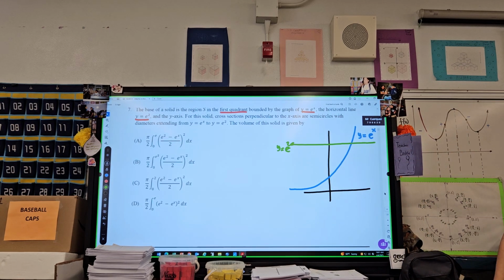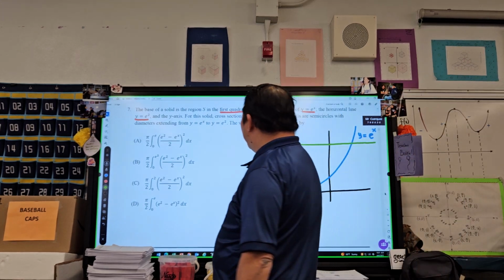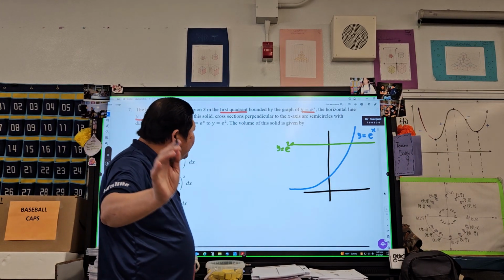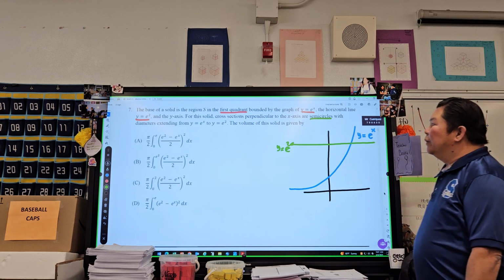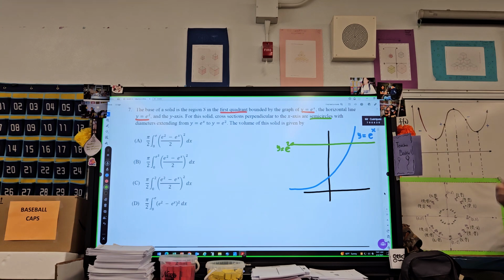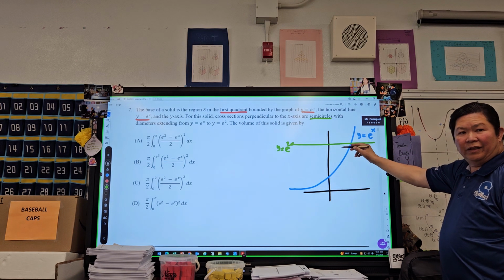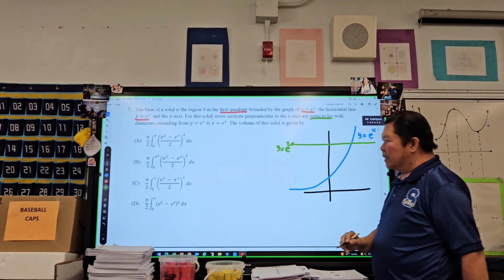Okay, clear now? And then, what is next? What is next to highlight? Semicircle. Semicircle, very good. Semicircle with diameter extending. So the diameter is extended until here. Okay?